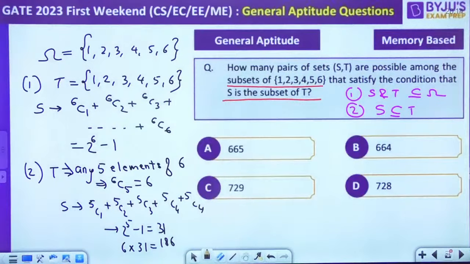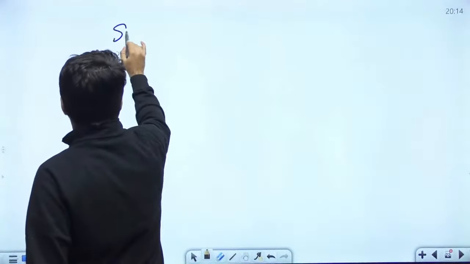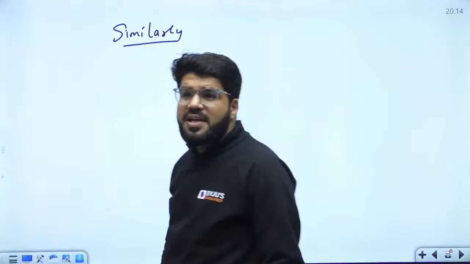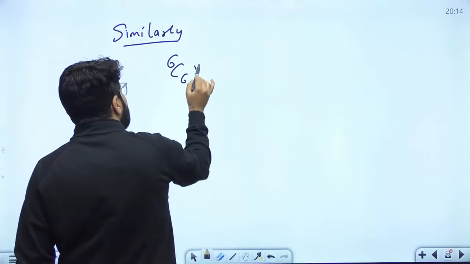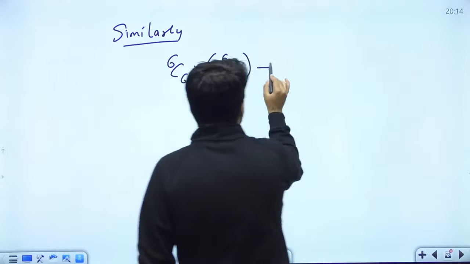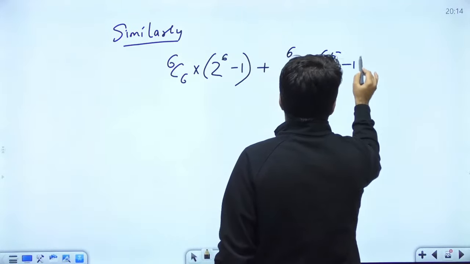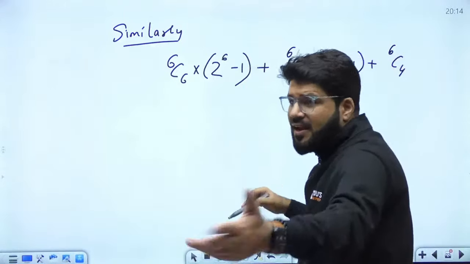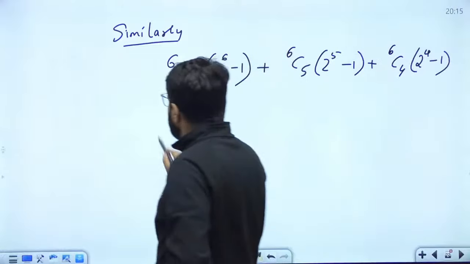Okay? Similarly, next case and next case and next case. So similarly, writing down, guys, what is the answer? Final answer. So case number 1, T can have all 6 elements, and the answer for S was 2 power 6 minus 1. Then T can contain 5 elements and the answer for S is 2 power 5 minus 1. Next, T can contain maybe 4 elements, and then S can contain 2 power 4 minus 1.